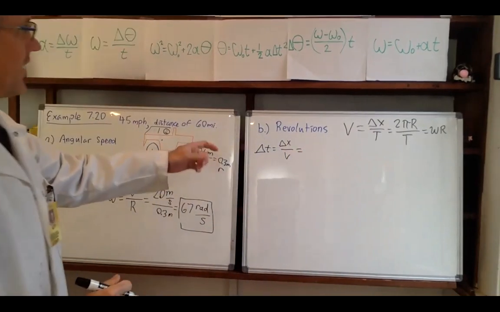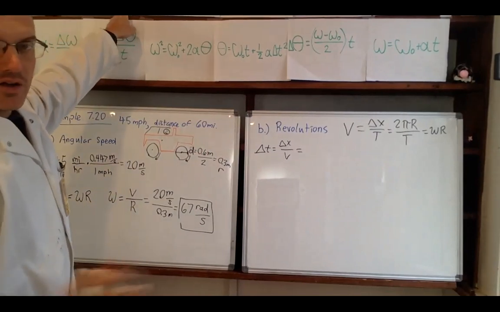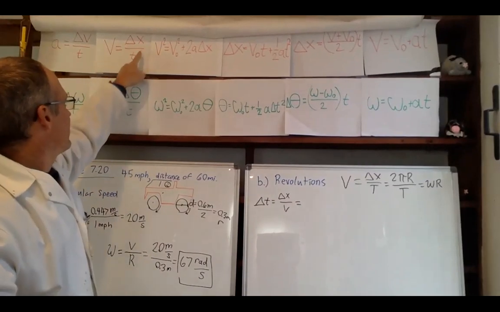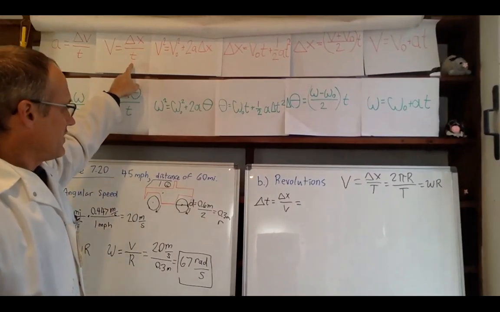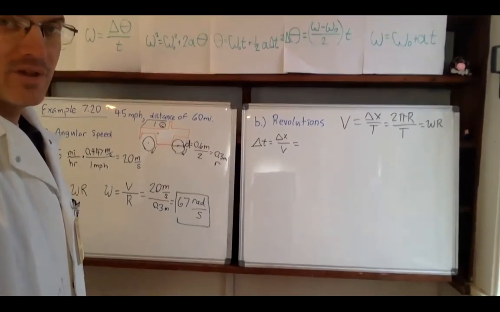Okay, we have that kinematic equation up here somewhere. Velocity is equal to delta x over t.